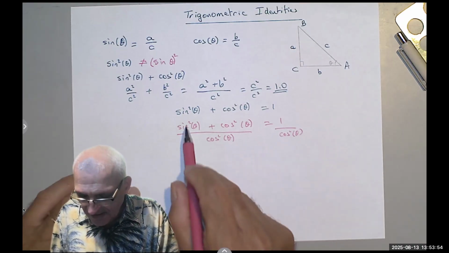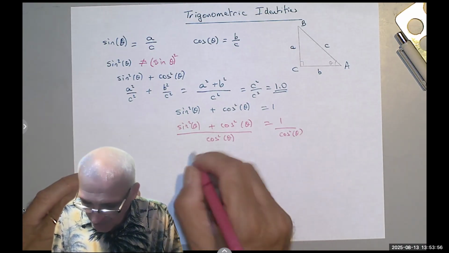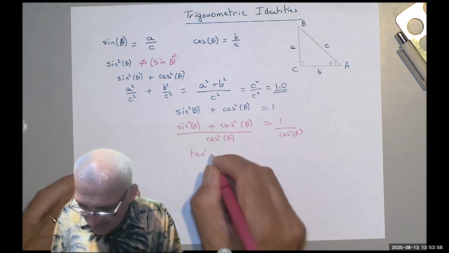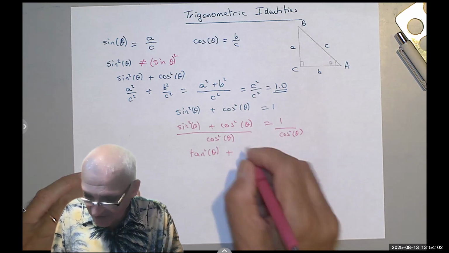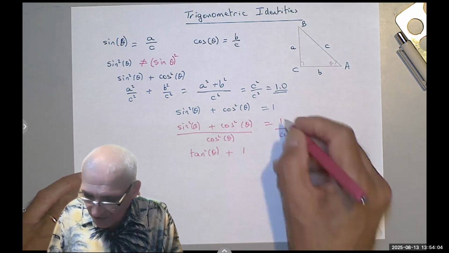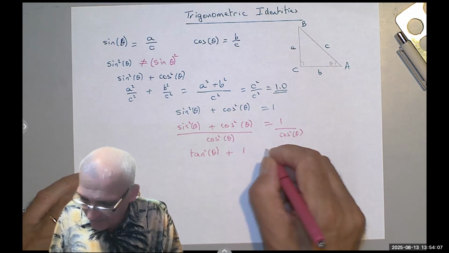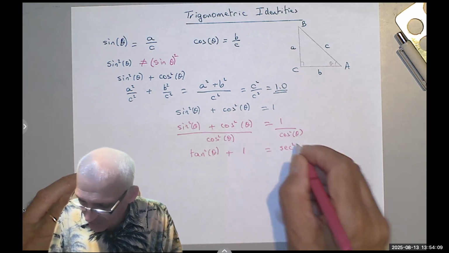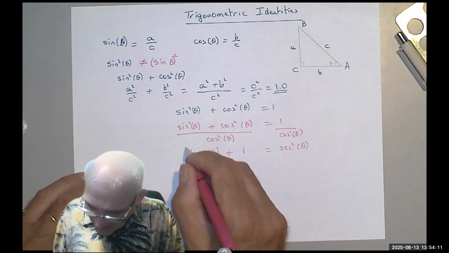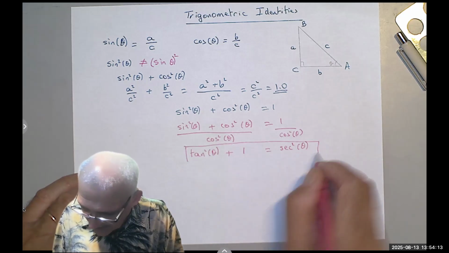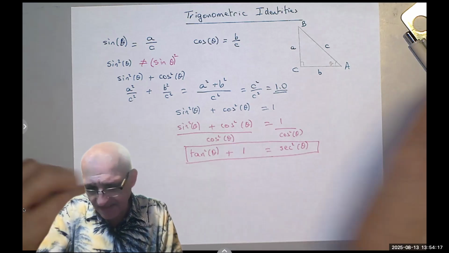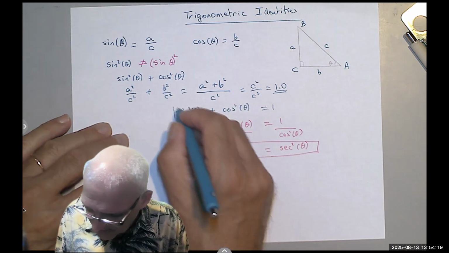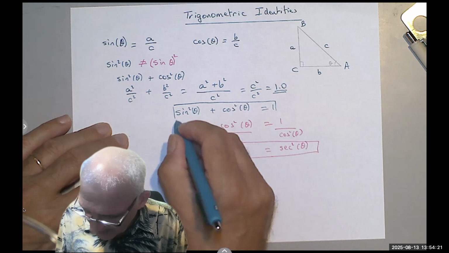So I get sine square theta over cosine square theta is tan square theta plus cosine square theta over cosine square theta is 1. 1 over cosine is secant, so 1 over cosine square is secant square theta. So that is considered another identity, while in fact it's the same identity, but I divided both sides by cosine square.